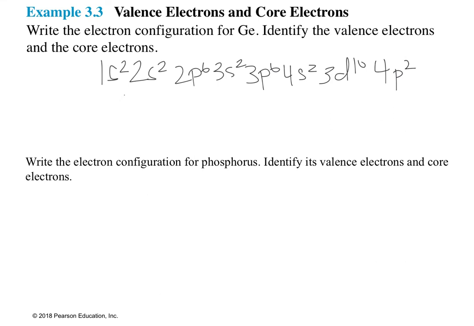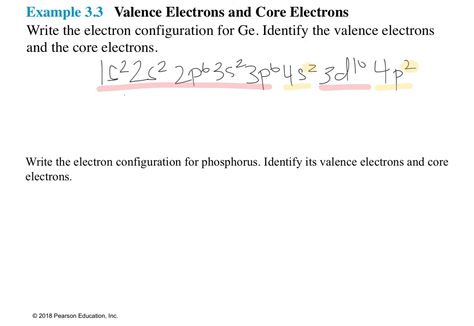So where it is in its highest shell is here. So we have 4 valence electrons, 2 from the p and 2 from the s, and then our core electrons are in the third energy level shell.